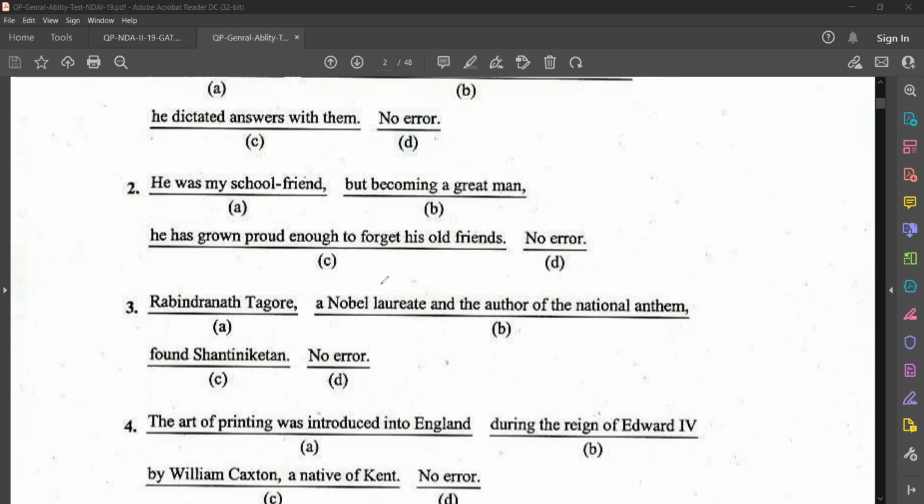So, which is the part of the sentence that is wrong? Whether it is A, B, or C, which part is wrong?